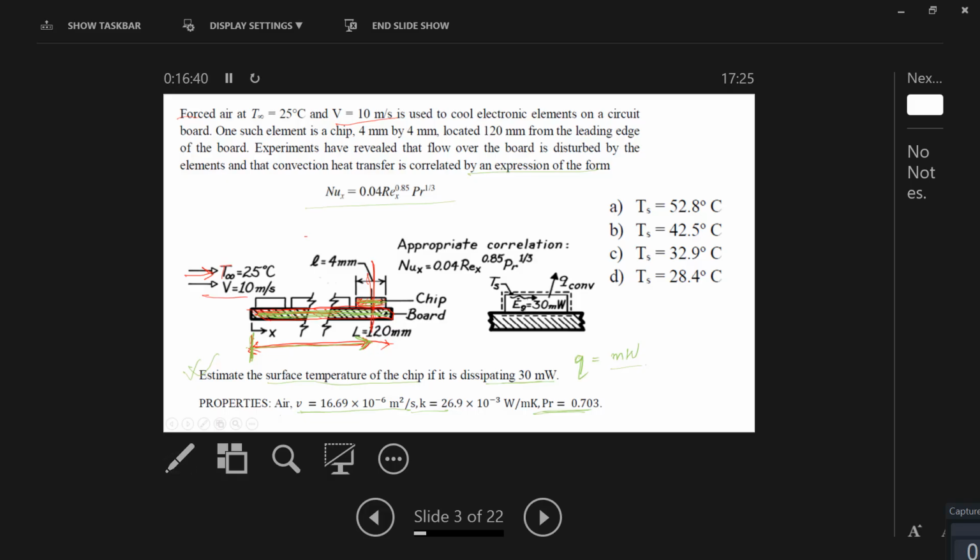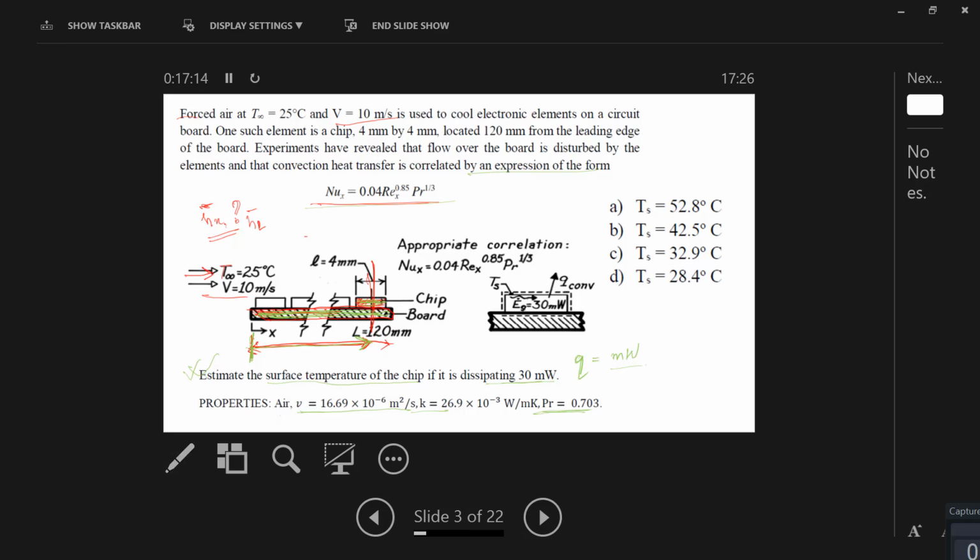So for this, what we have to do first is, in such problems, you always have to find out the heat transfer coefficient, or the local heat transfer coefficient, hx or h_L bar.